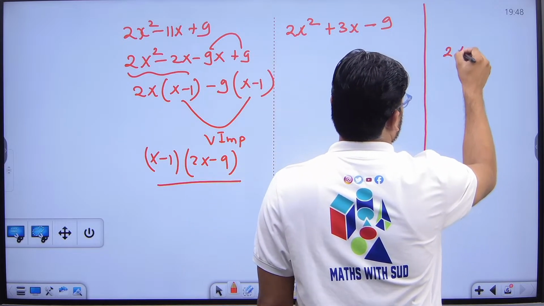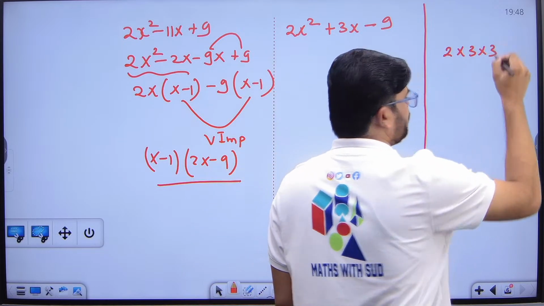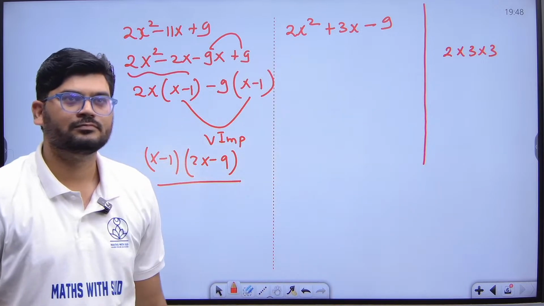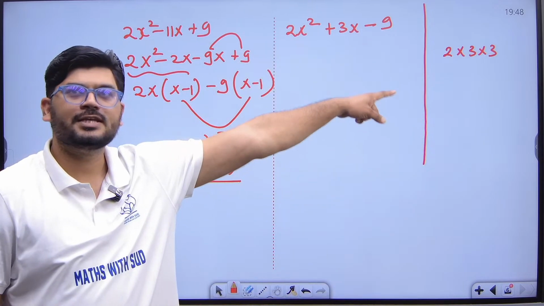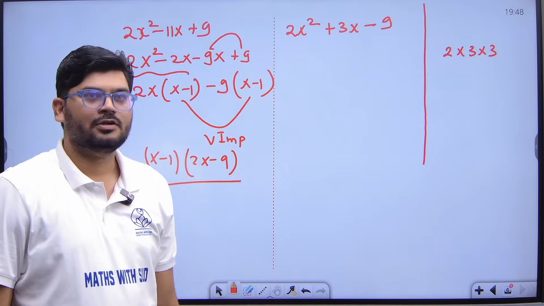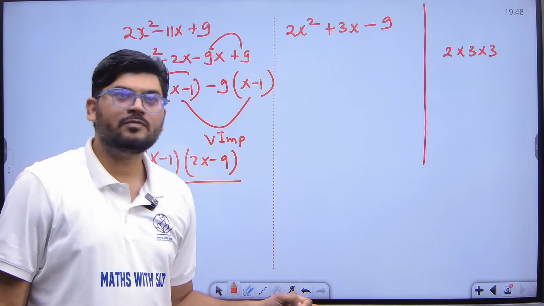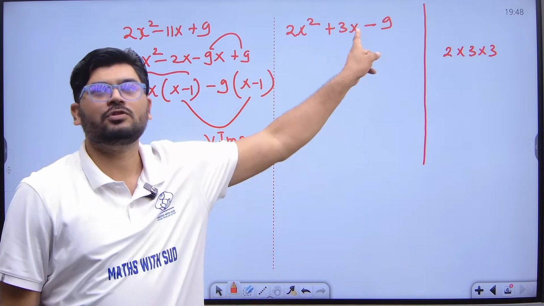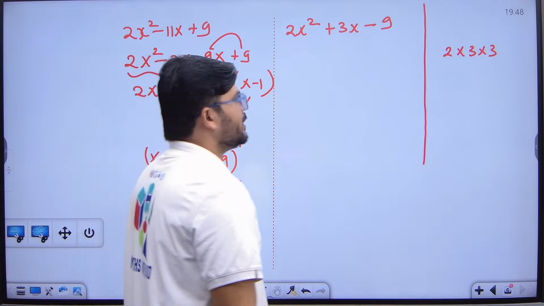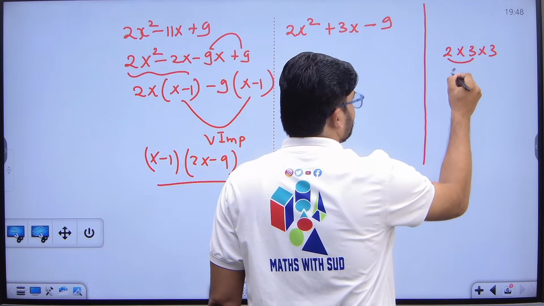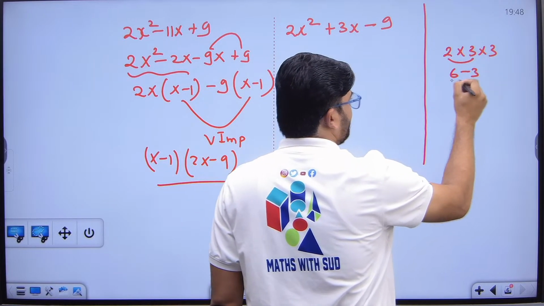Now see this. 2 into 3 into 3. We had this number only. Now we have to look for the sign. Sign is negative. So we have to think of two numbers which are subtracted to give you 3. So you can choose 2 into 3 is 6 and the other number is going to be minus 3.